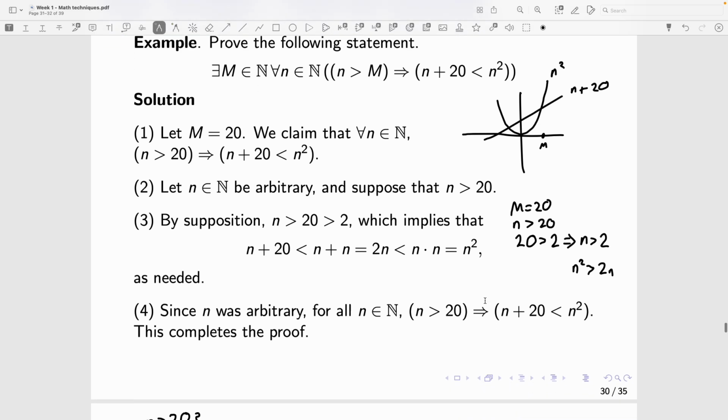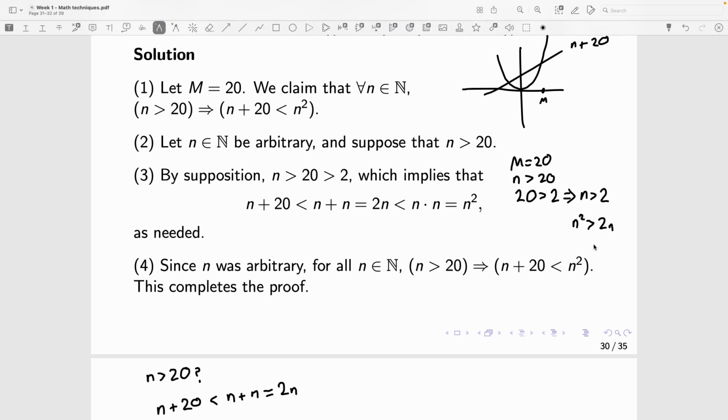You would just have to do a little bit more that you probably already had in mind. So this last step is true because n is greater than 20. And yeah, you have the inequality that we wanted, so that would totally work.